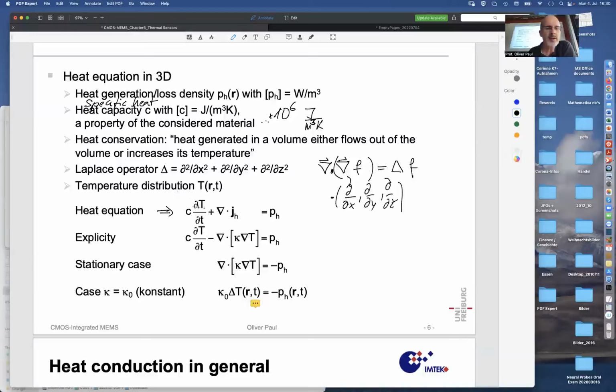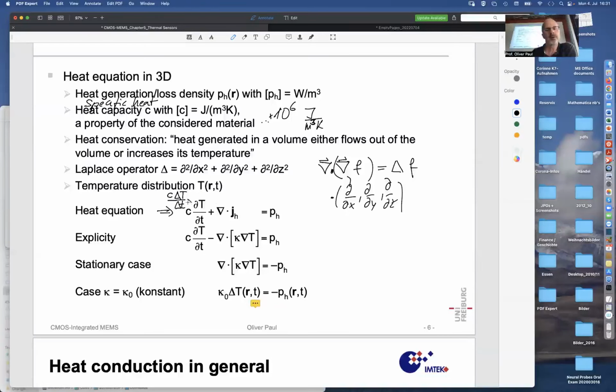So I could write this differential, this derivative, as a difference quotient. So the change of the temperature per time multiplied by C.